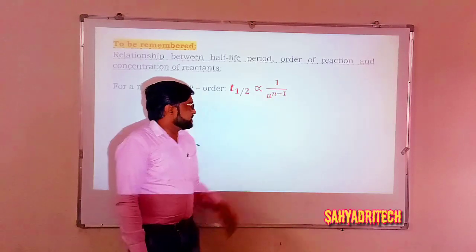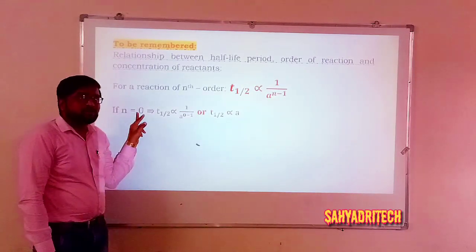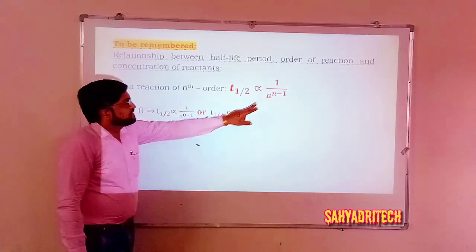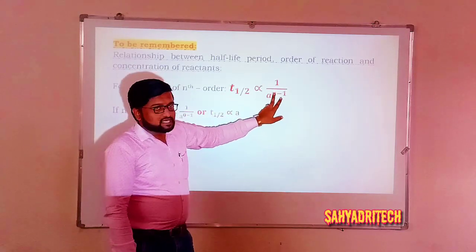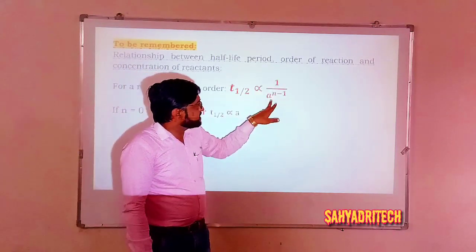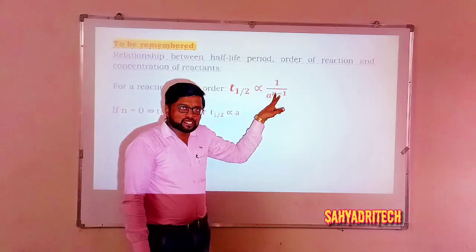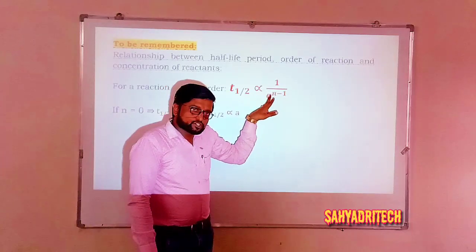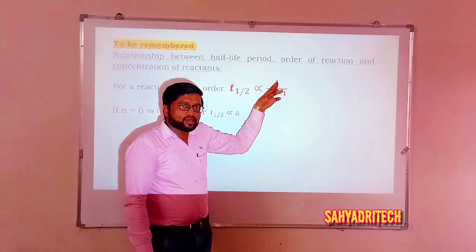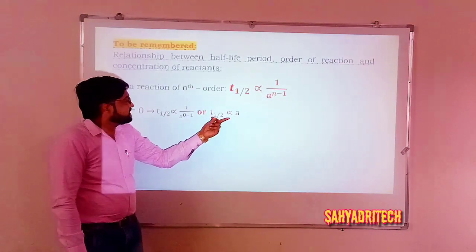For example, at the place of n, if I place 0, for a zero order reaction, what would it be? T half is proportional to 1 divided by A raised to 0 minus 1. It means A raised to minus 1, which is 1 divided by A inverse, so it is taken to the numerator. So T half is proportional to A. That's what we are getting.